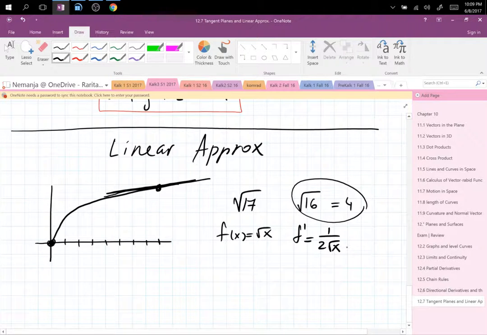And then we would use 16. So for linearization, we would say f of a, which is 4, plus the derivative computed at this, which is 1 over 8, times x minus a, which is, again, 16.